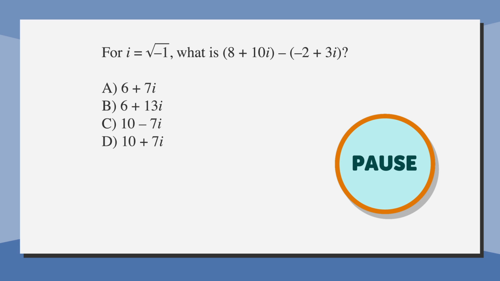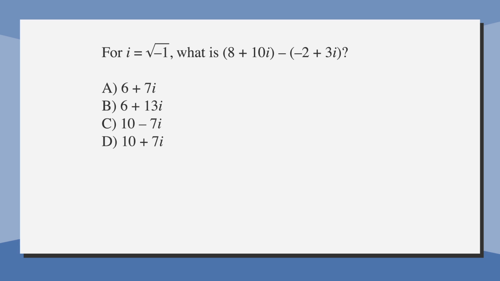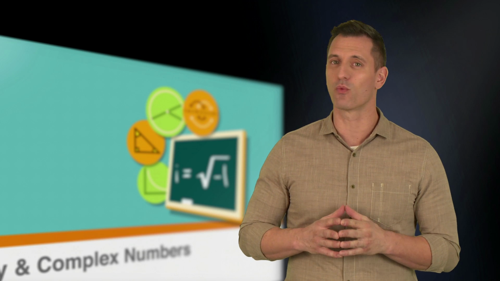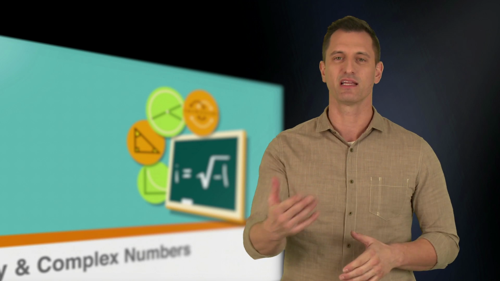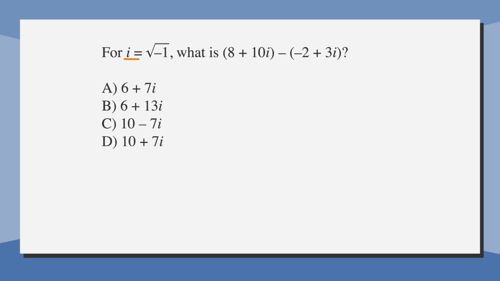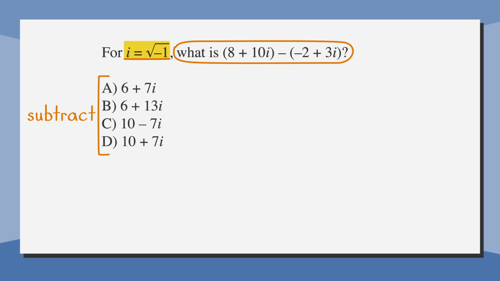And we're back. How did you feel doing that on your own? If you weren't uber confident, don't worry. That just comes with practice. Let's work through this problem together and see if we get the same answer. We'll quickly underline the facts, circle the key words, and label the answer choices. This question tells us that i equals the square root of -1 to remind us that this is a complex numbers question. And sure enough, we have two complex numbers.